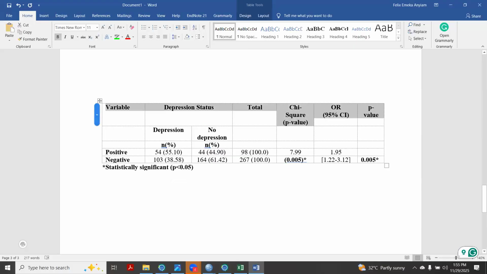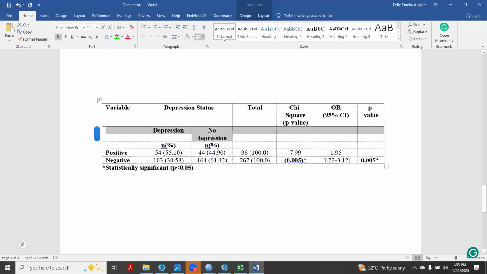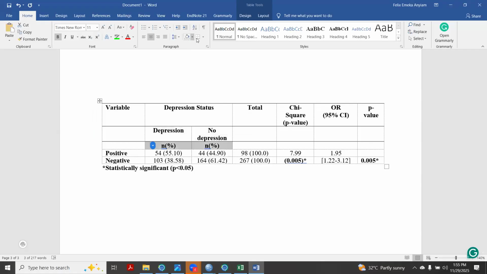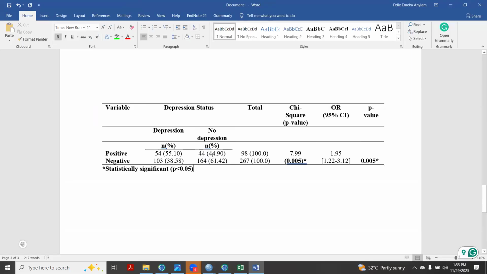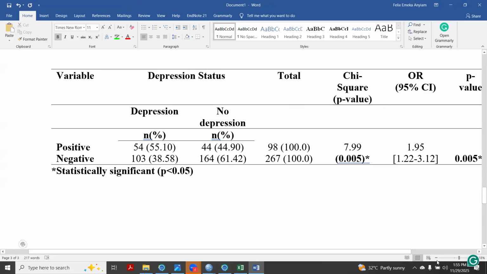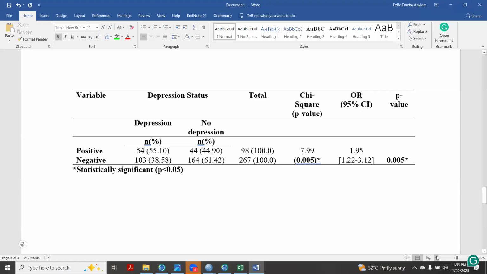So I come here, I take the top, the bottom, and I take the top. Good. Then for this one, I need the bottom. Then for this one, I need the bottom. Then for this last row, I need the bottom. So my table is set. If I take out the grid line now, you will see that it looks fine. So this is the way tables usually look. All right. So this is the way that they like your tables to look.